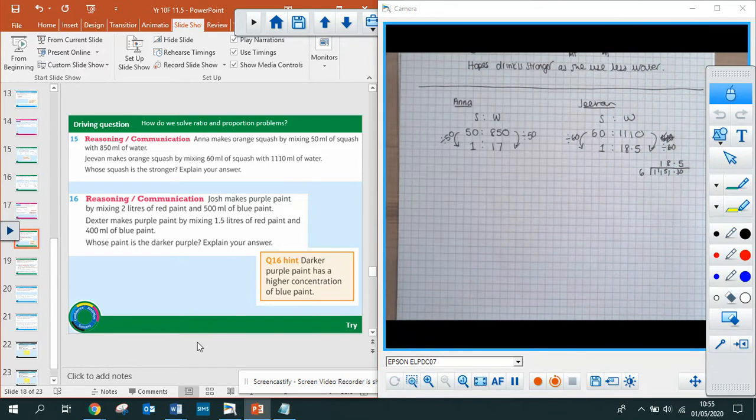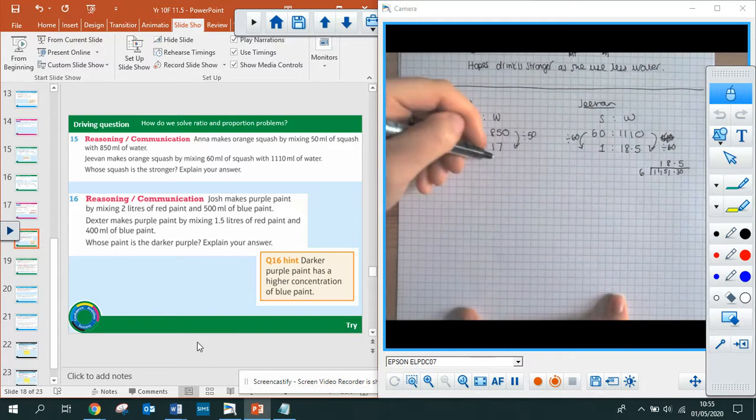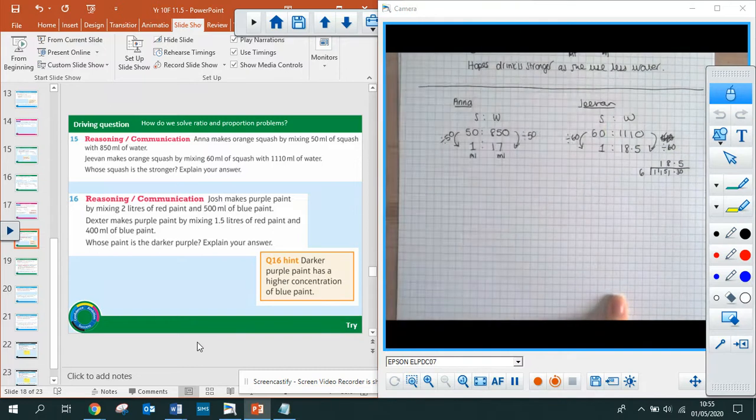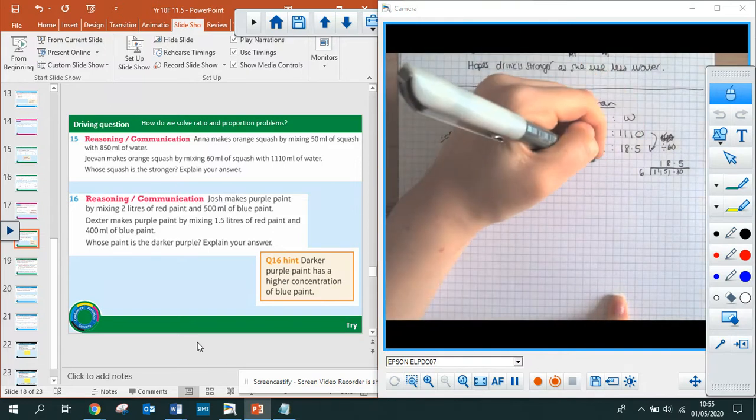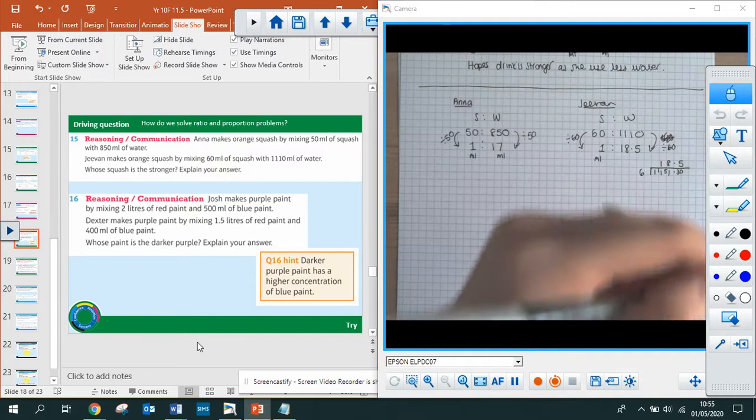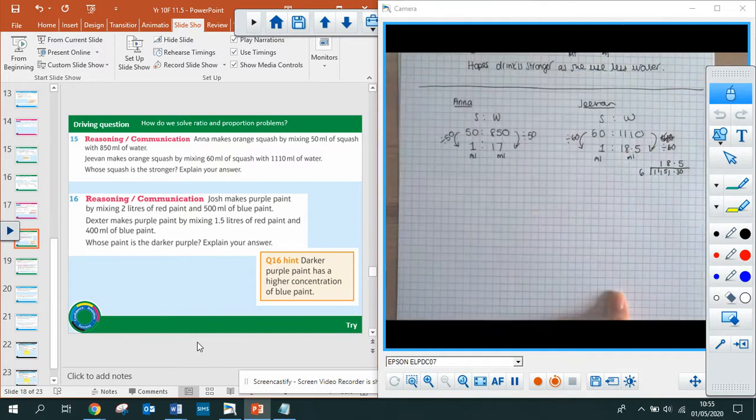Okay, and it says, whose squash is stronger? Explain your answer. Well, for every milliliter of squash, Anna puts 17 milliliters of water. And for every milliliter of squash, Jeevan puts 18.5 milliliters of water. Whose is stronger? Well, it's going to be Anna's.